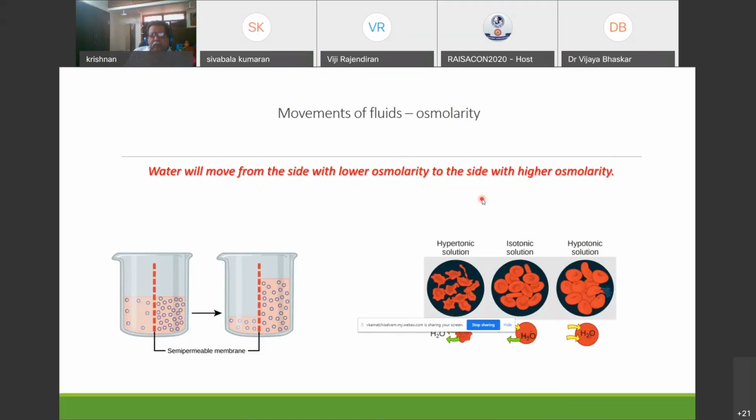So if we are going to do a neurosurgical case, and if there's going to be intracerebral edema, cellular edema, and you want to remove the fluid from the cells, what we do is we give a hypertonic solution, a solution which contains more sodium, like triple normal saline or mannitol.